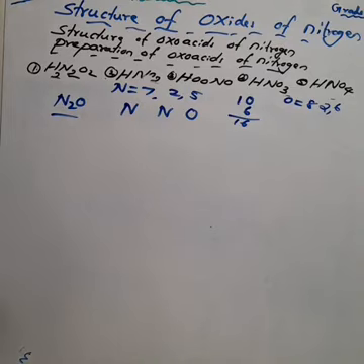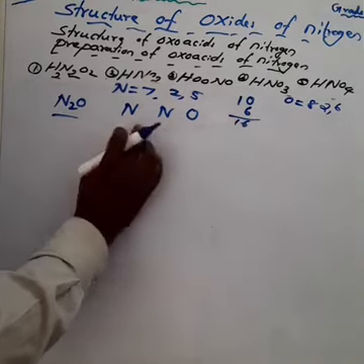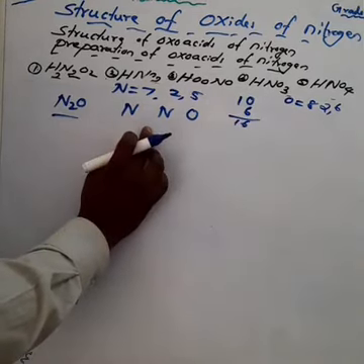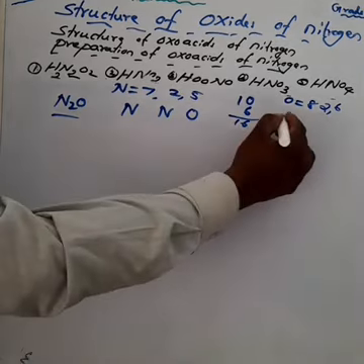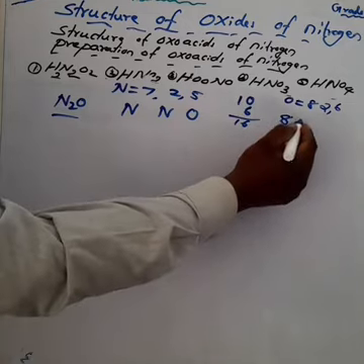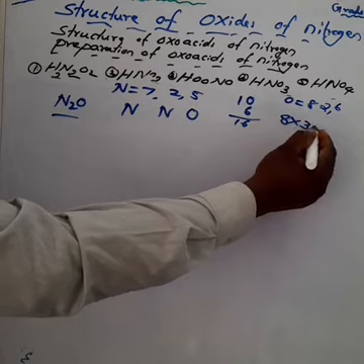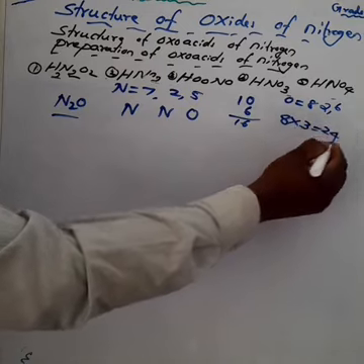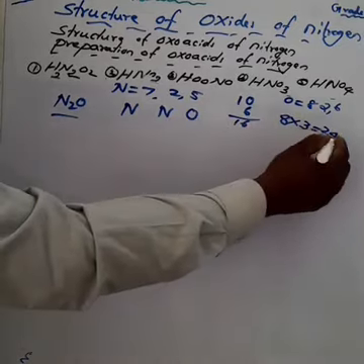Am I right? As per the octet rule, how many electrons are needed for the dot electron structure? For every element except hydrogen, 8 electrons. Am I right? So here having 3 elements, 3 into 8 is equal to 24. That is what we must need. But how much do we have? Only 16. Am I right?